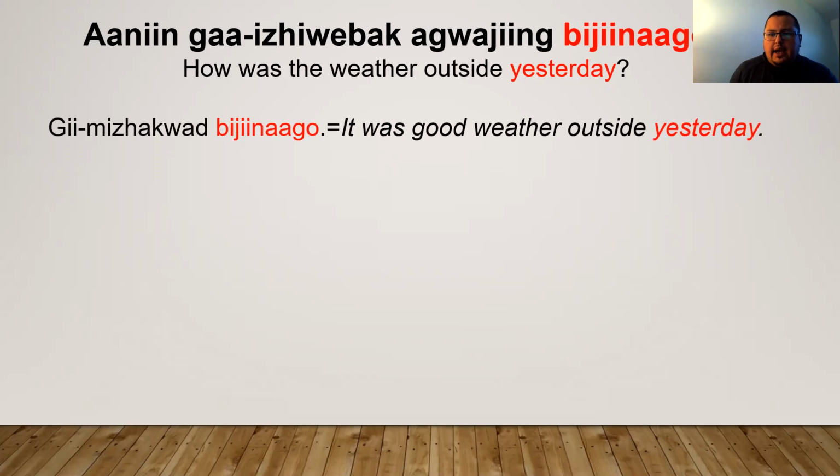So when we add our tense markers on here, you're going to see them at the beginning of our weather words. So we have gi, where it switched from ga when I asked the question to gi, still meaning past tense. Gi mijakwad bijinago. It was good weather yesterday.